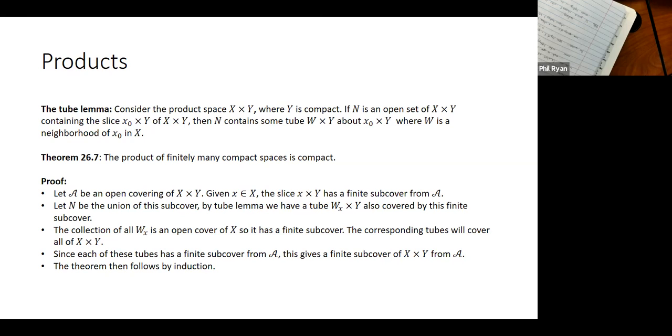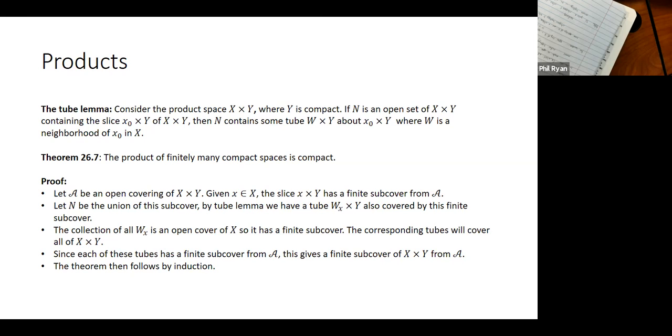And the corresponding tubes, so if the neighborhoods cover X, the tubes are going to cover X cross Y. But since X is compact, we can have a finite number of neighborhoods W_x which is going to cover X. And so this is going to give us a finite number of tubes, which is going to cover X cross Y. Each tube has a finite cover from our collection A. So finite times finite is still finite, so therefore we have a finite covering of X cross Y.